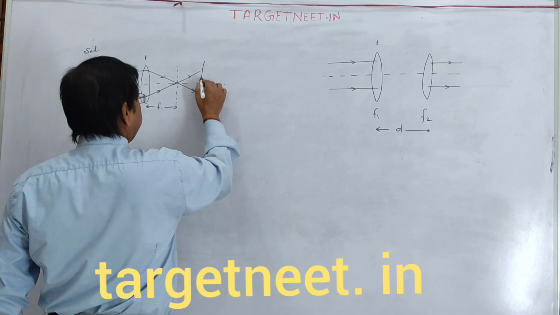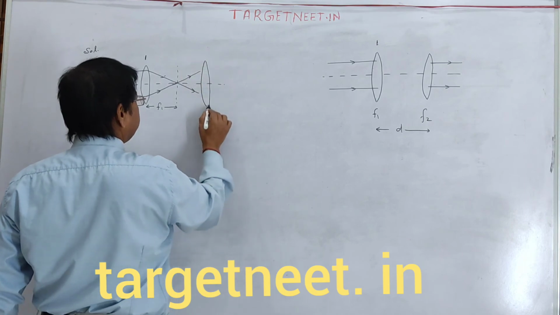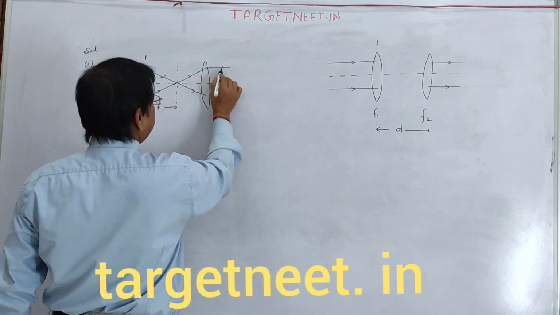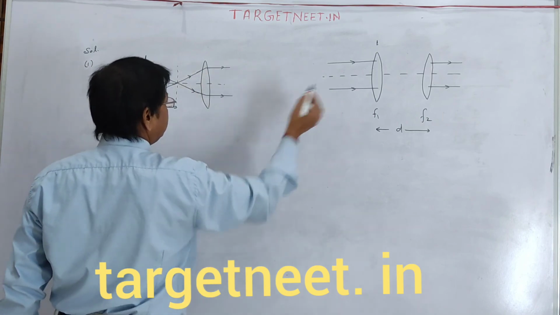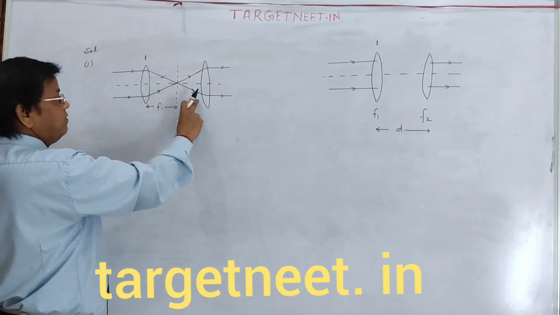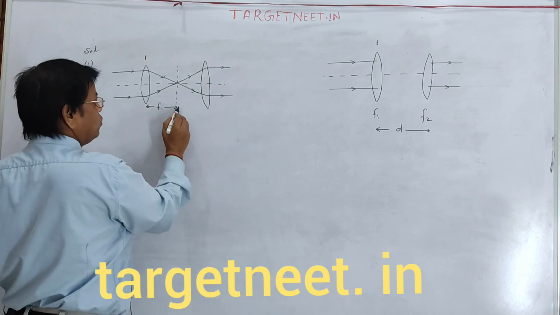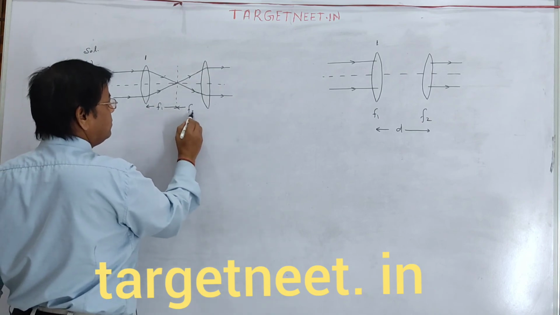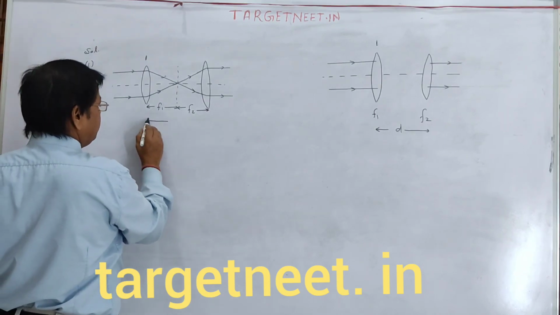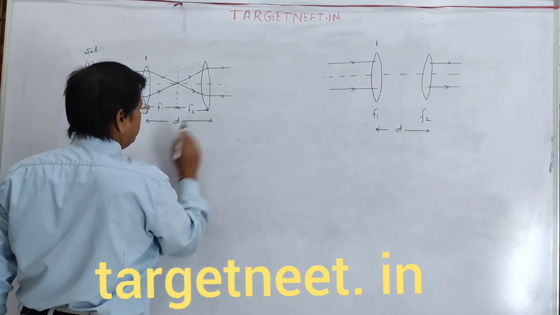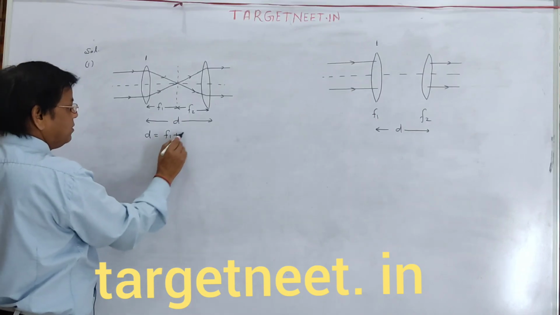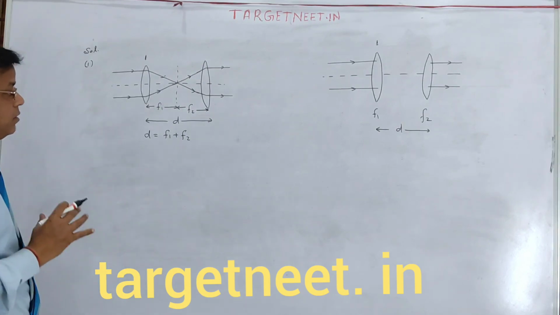Now this is the second lens. This ray is incident on the second lens and after refraction it becomes parallel to the principal axis. Only then will this situation be achieved. So when the object is at the focus, then after refraction the rays become parallel to the principal axis. So here the object distance is equal to the focal length of the second lens. And it is given that the separation between the two lenses is D. So D should be equal to F1 plus F2. So D is equal to F1 plus F2. So this is the diagrammatical solution of this question.